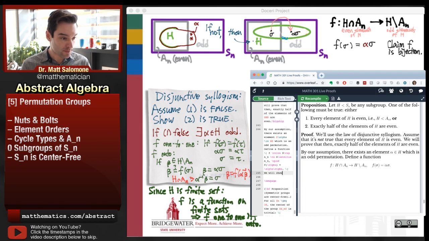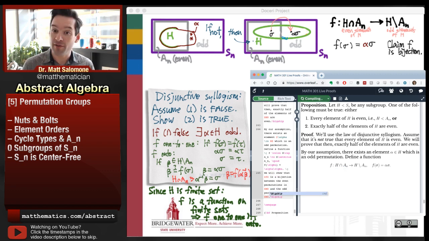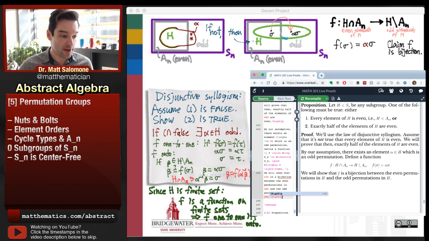We will show that f is a bijection between the even permutations in H and the odd permutations in H. So there I've kind of, again, shifted my burden of proof a little bit. This is how we're going to demonstrate to the reader that there are exactly as many even elements as there are odd elements.